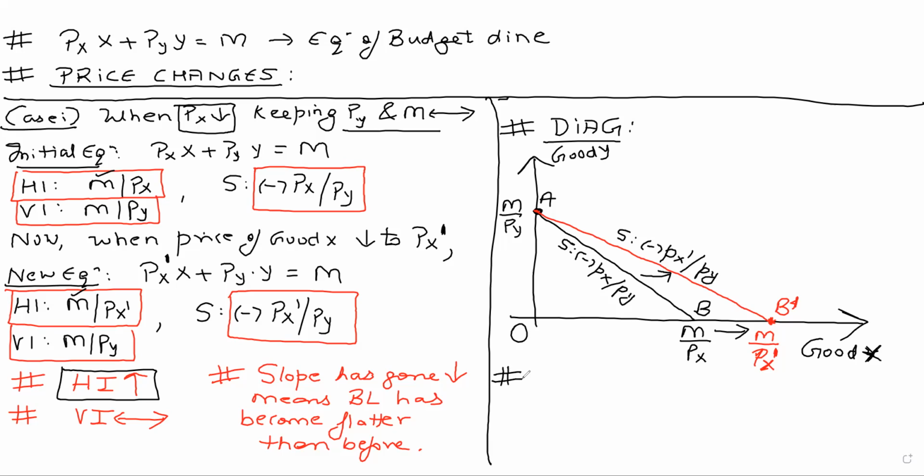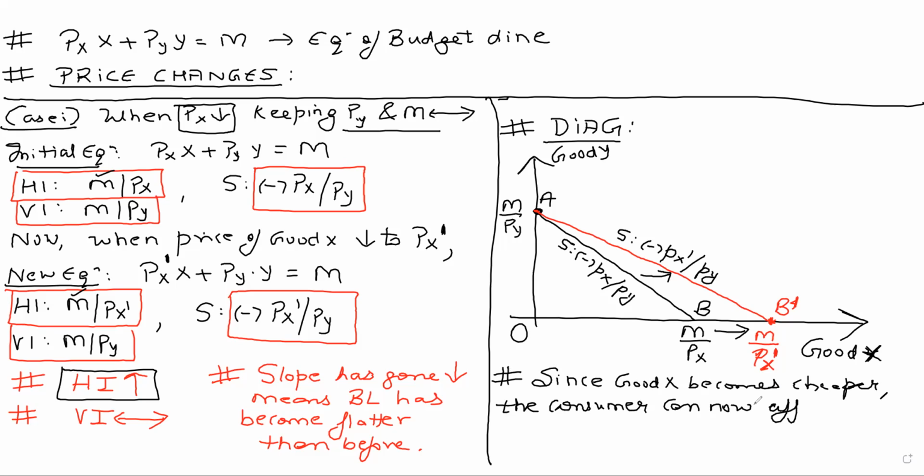So we can write, since good X becomes cheaper, the consumer can now afford to buy more of it.